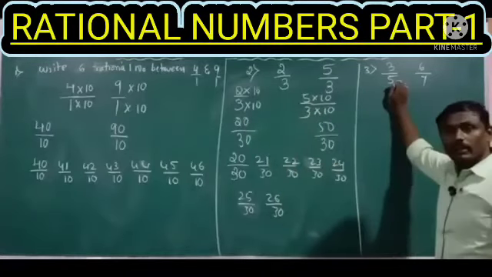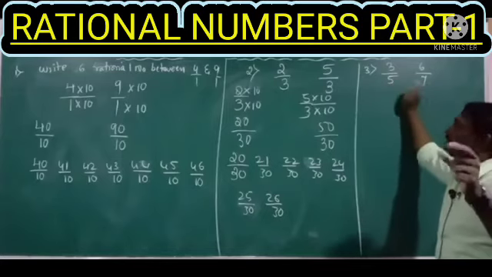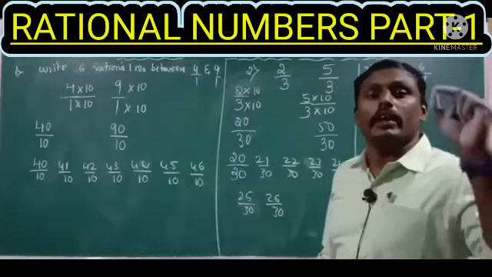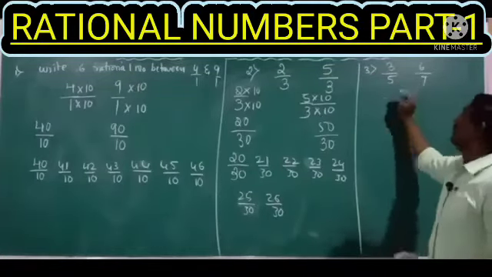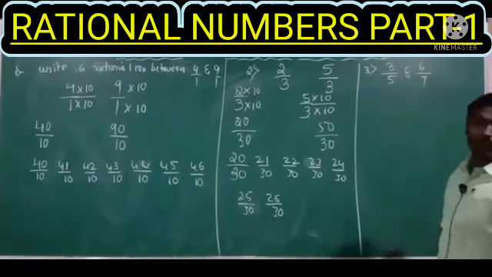In the third method I am taking two rational numbers, their denominators are different. In this case we need to find the LCM of the denominators. So 3 by 5 and 6 by 7 are the two given rational numbers.